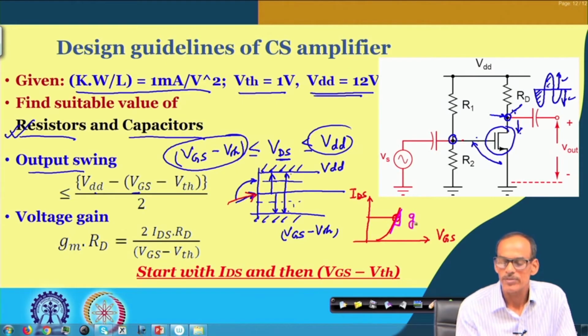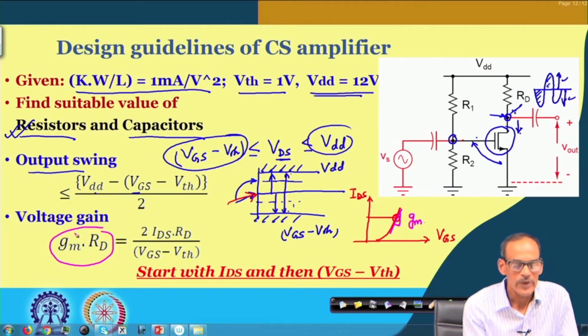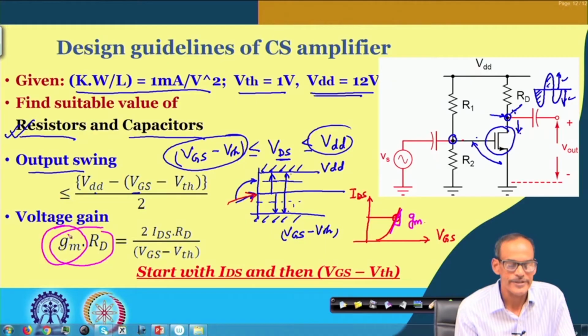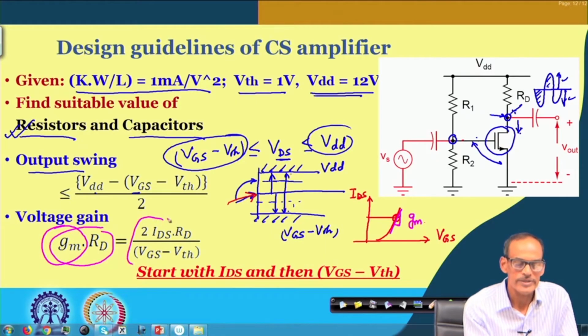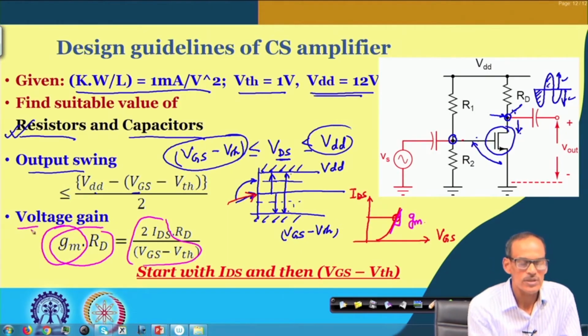So, that GM multiplied by RD is the gain of the circuit. In fact, if you replace GM by its expression discussed earlier, which is 2 times IDS divided by VGS minus VTH, that gives us the gain.